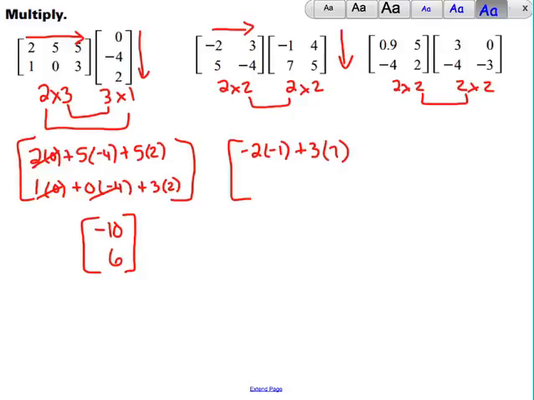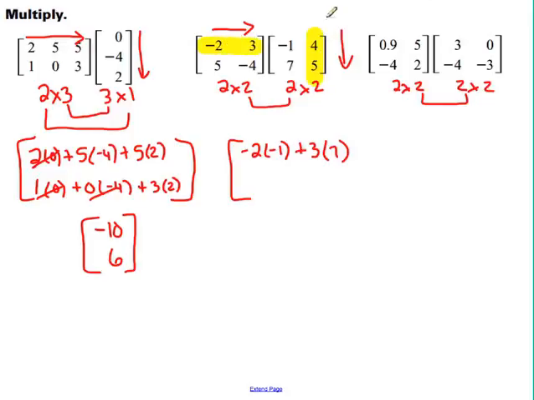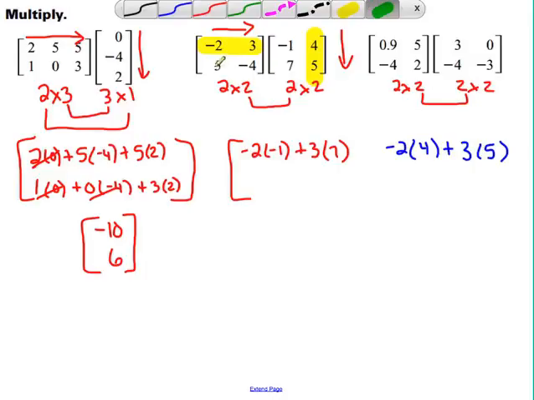Let me see, maybe I can get like a little highlighter or something like this for the next one. Let's try this out. So we're going to talk about this guy times this guy. Let's see how this works out. Maybe this will make more sense. So we have -2 times 4 plus 3 times 5. That'll be that guy. Let me see if I can switch this up a little bit. Ooh, we could use green.